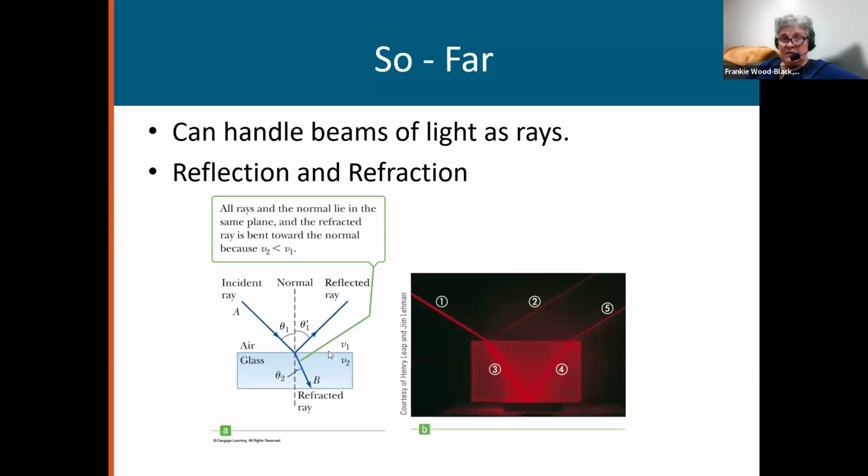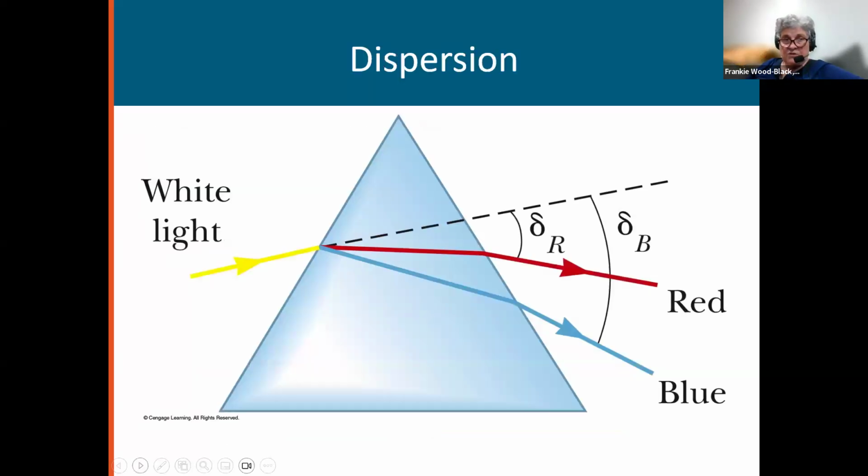If this medium has a higher index of refraction than this one, then the light is going to bend towards the normal. If it has less, like say I'm coming out of the glass into the air, it's going to bend away from the normal. And that's pretty much what we were doing yesterday.